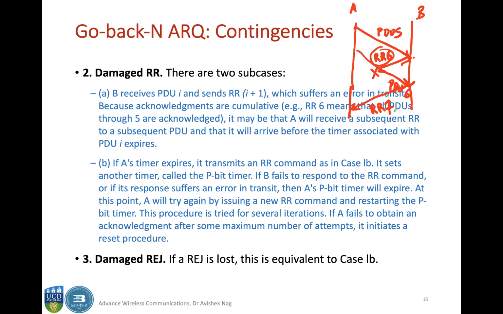If it receives RR 7, it knows that everything up to PDU 6 has been successfully received. That includes PDU 5 also, so you don't have to receive this RR 6 due to PDU 5's successful reception.